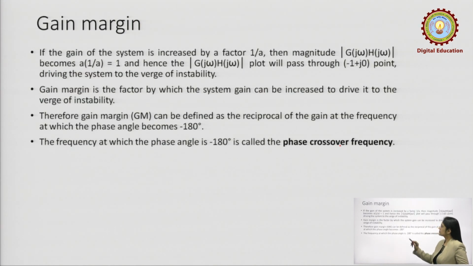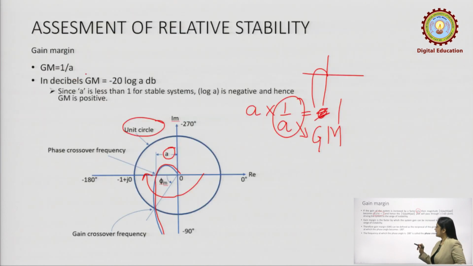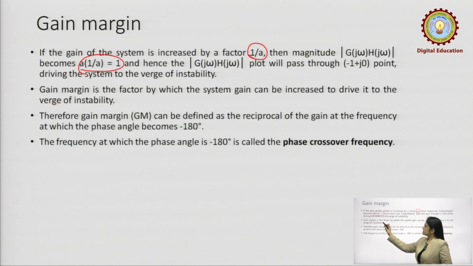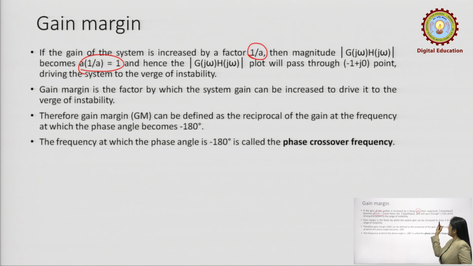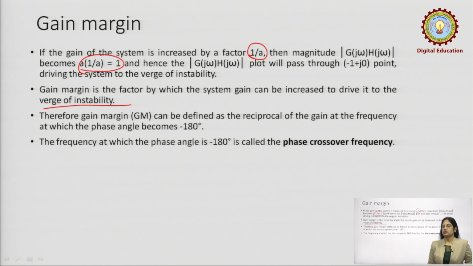So, if the gain of a system is increased by a factor 1/A, then the magnitude of G(j omega)H(j omega) becomes 1, since A times 1/A is 1. And A is the magnitude of G(j omega)H(j omega) when the phase angle is minus 180 degrees. So gain margin is the factor by which the system gain can be increased to drive it to the verge of instability.